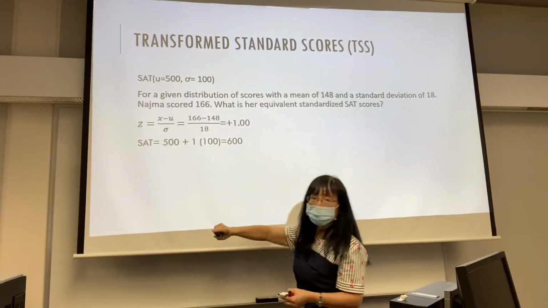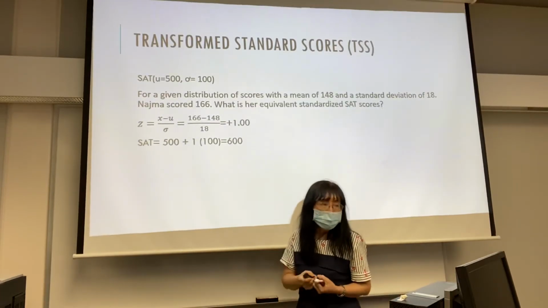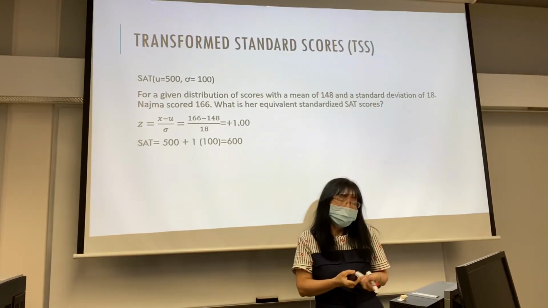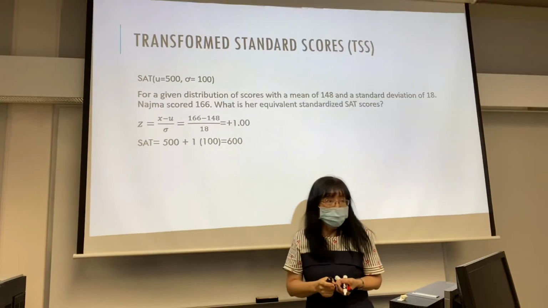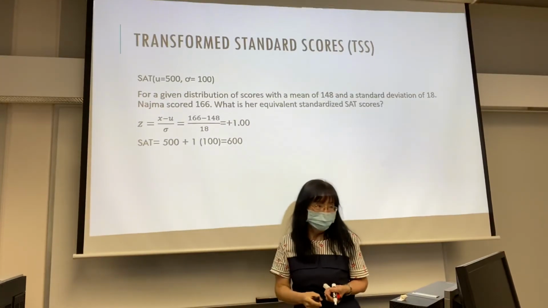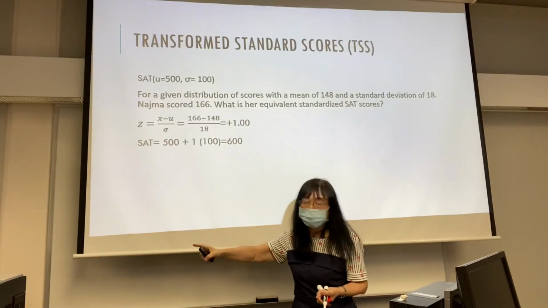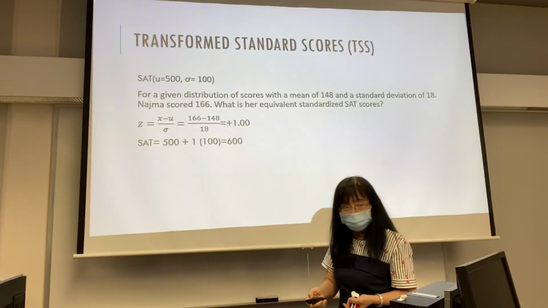You got this number and plug it in. So right now, maybe you already know how to get SAT. When you go back to your original SAT score, find the score they give to you and see what your Z is, because you already know the mean and the standard deviation, then you can go back to find your Z-score. Okay, got it?